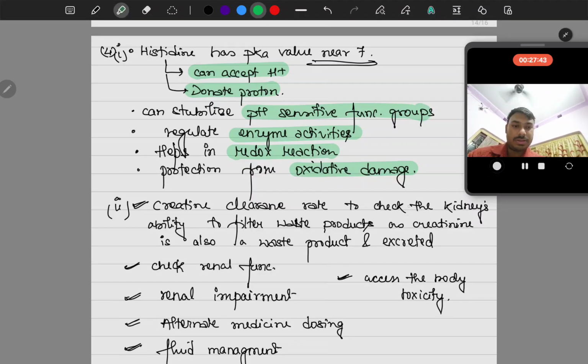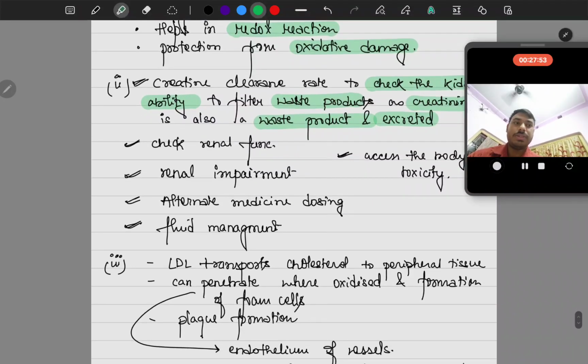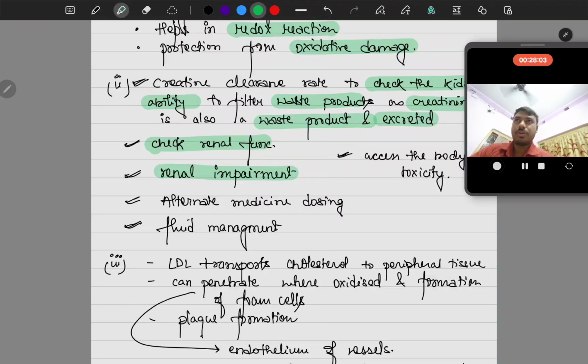So it is to check the kidney's ability to filter waste products, as creatinine is also a waste product and excreted from the kidneys. So it can be used as a parameter to check whether the kidneys are acting okay or not. So checking the renal function, whether renal impairment is present or not, or any kind of CKD, chronic kidney disease.